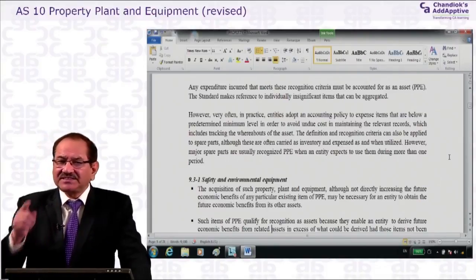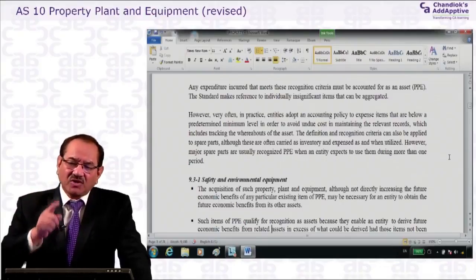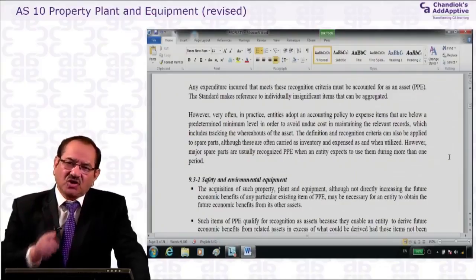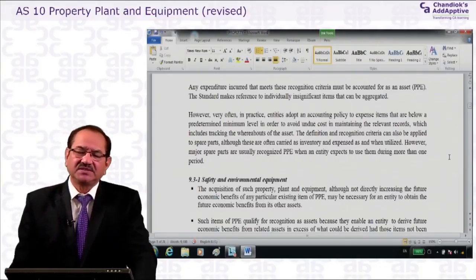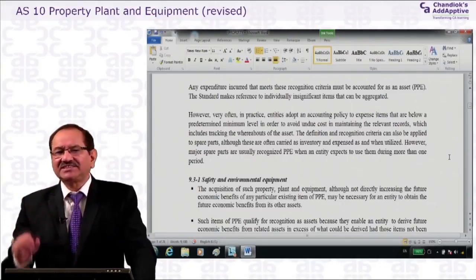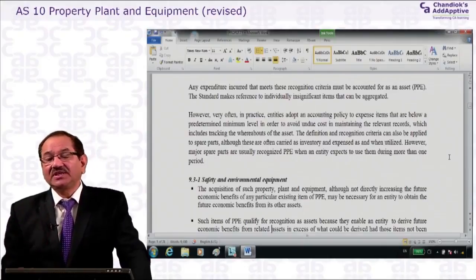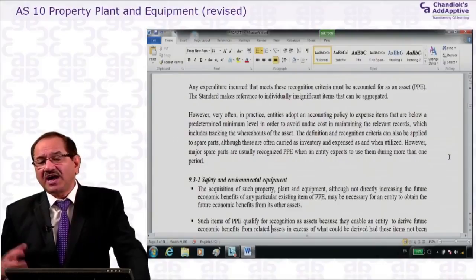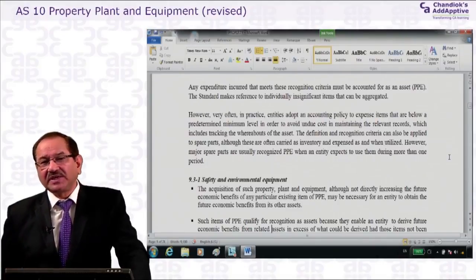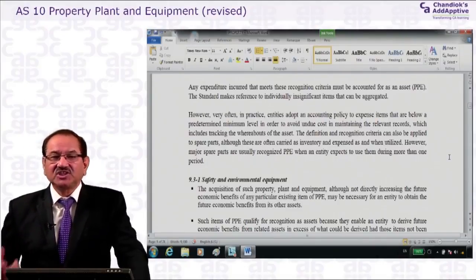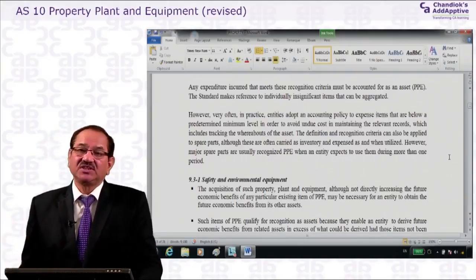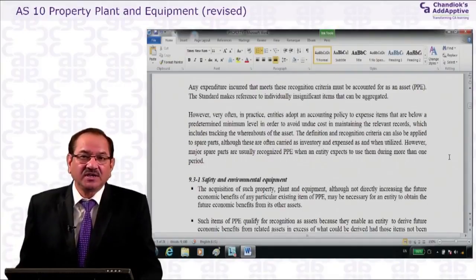Now the question is that such type of environmental equipment is only for government compulsion, and because of the environment. It is not used for production of chemicals, but because there is certain waste coming, and that waste is injurious to the environment, you have installed another equipment or plant just to clear that waste, so it is not injurious to the environment.